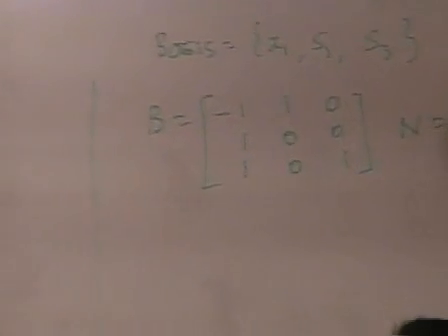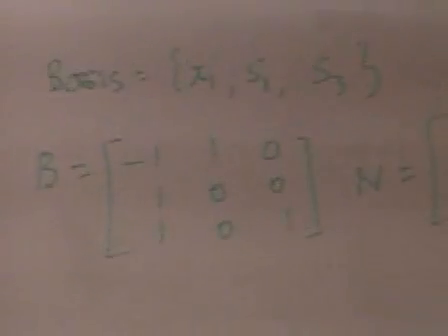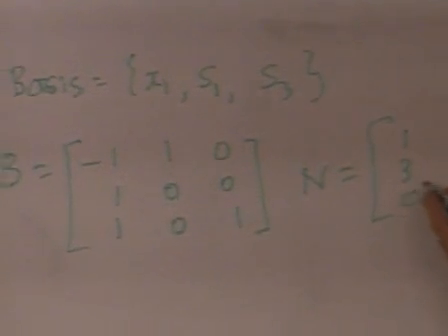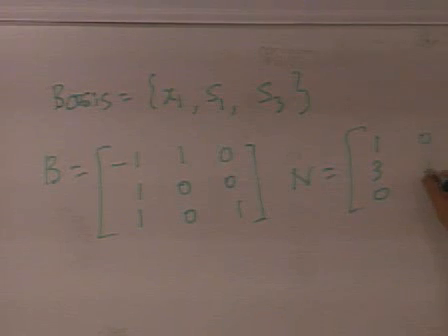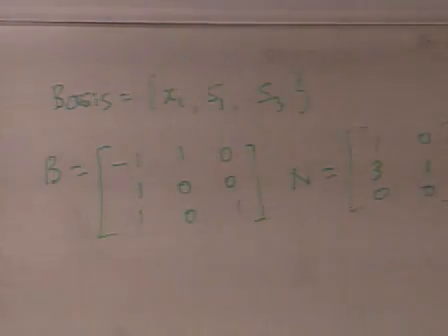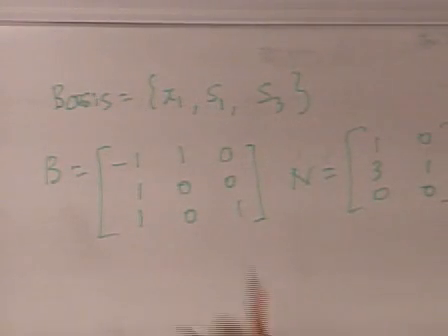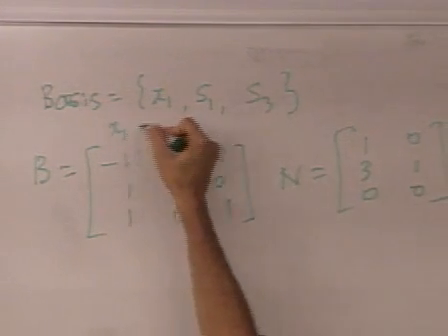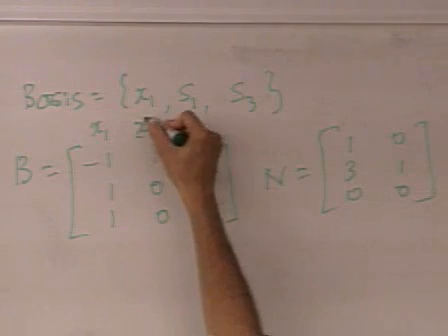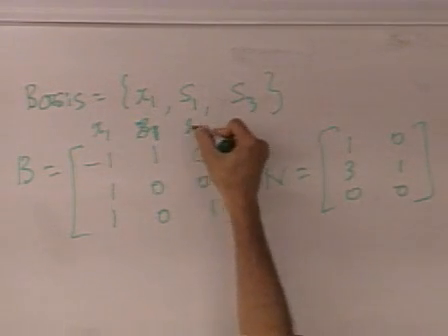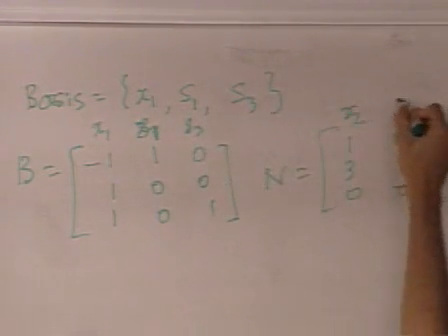Your N is going to be 1, 3, 0, and 0, 1, 0. But it's important to keep in mind what these columns are. This is the x1 column, this is the s1 column, and the s3 column, then x2 and s2.